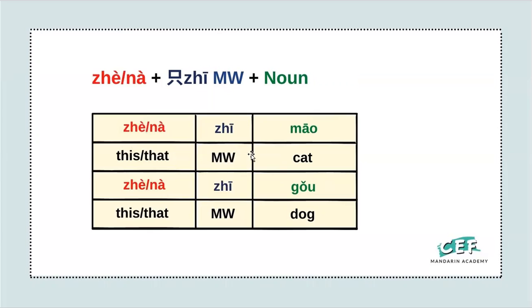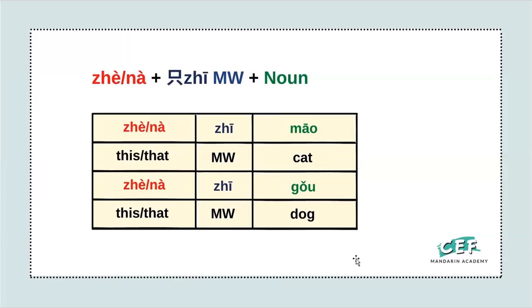Okay, so 这 and 那 plus the 只 plus the 猫. So 这只猫, this cat. Normally, when talking about animals, we put the measure word 只, remember? So 那只猫 is that cat. So 这只狗, this dog. 那只狗, I want to indicate that dog.